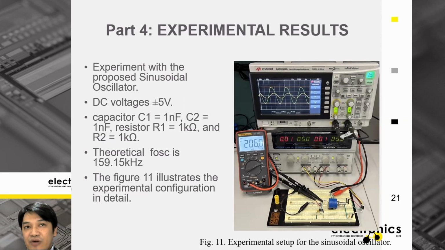For example, for R1 and R2, I have to set exactly 1 kilo ohm, the same as the simulation, but actually the resistor and capacitor values have errors by themselves. That means when you use those passive components constructed on the breadboard, the total error in the end is much more than in the simulation, which is only in the computer.